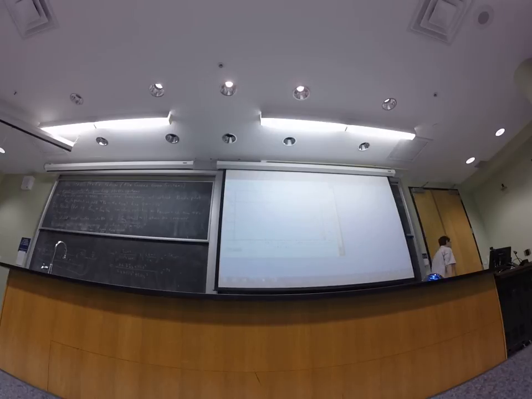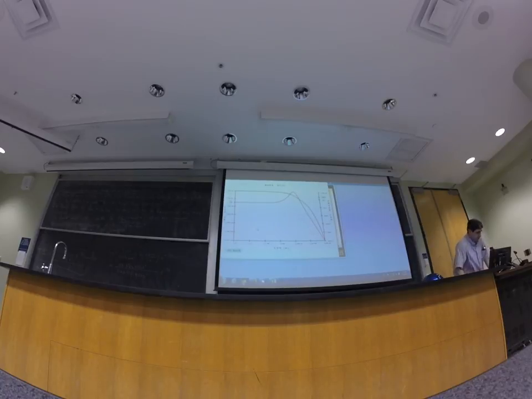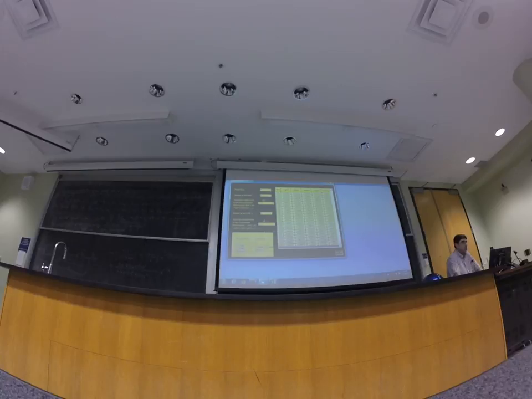So let's go back to the software. And now we'll be able to check the Bode plot again. Okay, so delay 7. What's the degree of the denominator?